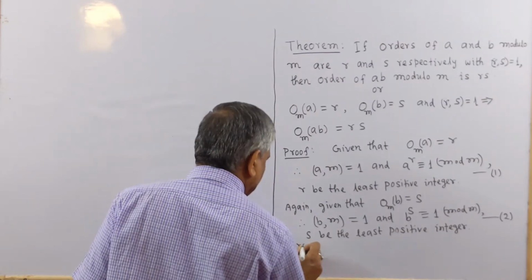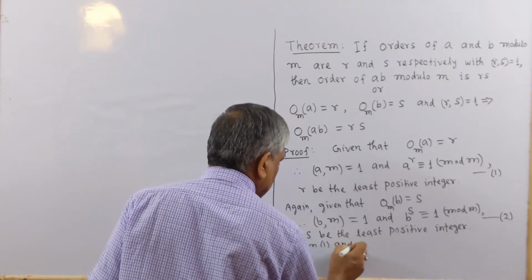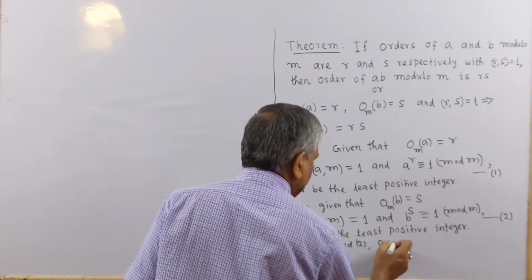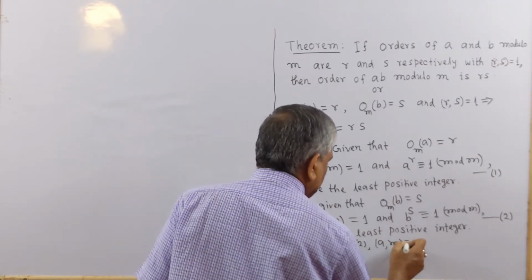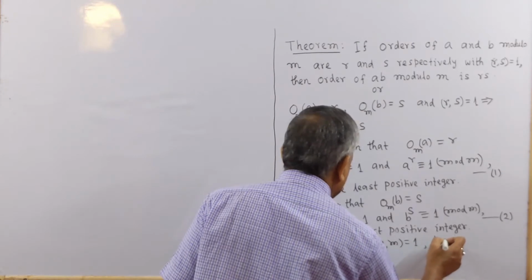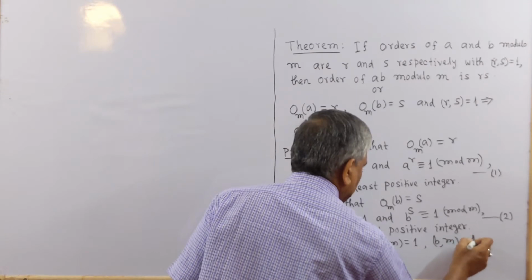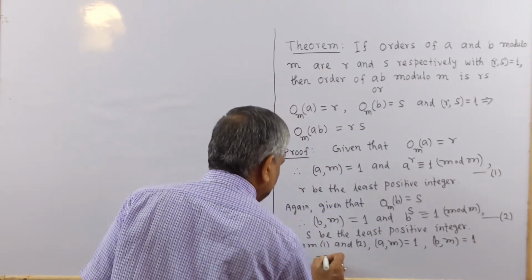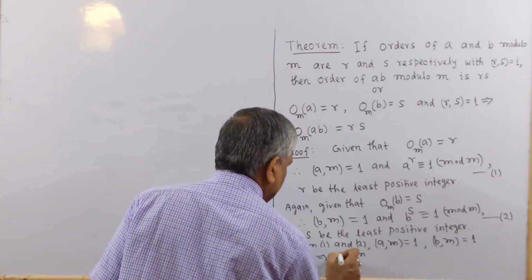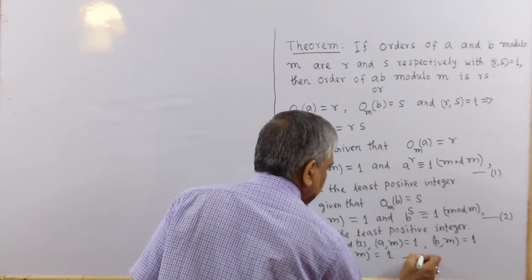From 1 and 2, GCD of a and m equal to 1 and GCD of b and m equal to 1 implies that GCD of ab and m equal to 1. This is number 3.